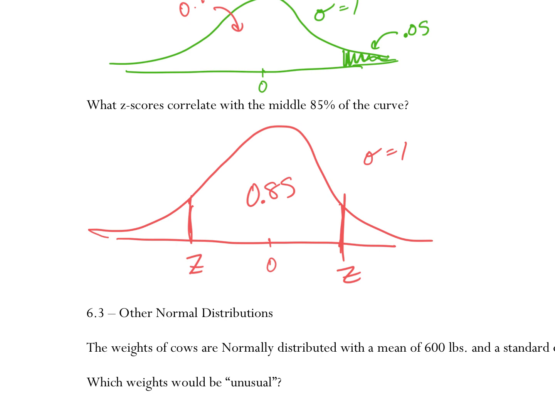So for you guys, you just put 0 in, or put 0.85 and highlight the center. Did you do 0.85? Combined, this is 0.15 and this is 0.15. No. These two combined equal 0.15.